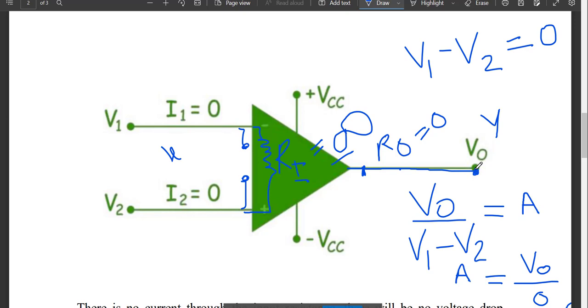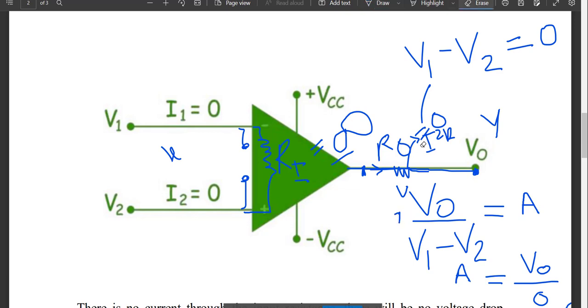If there is any resistance in the circuit at the output, current will flow, and this current will produce power I square R, and heat will be dissipated. There will also be a voltage drop equal to I into R.